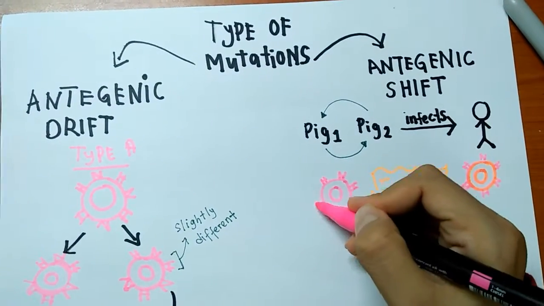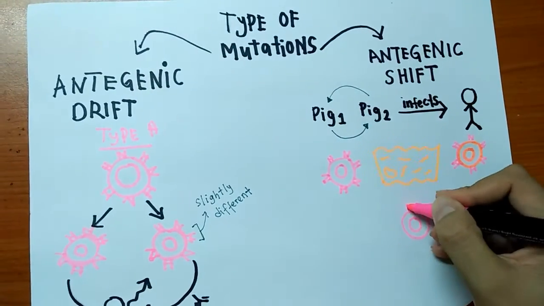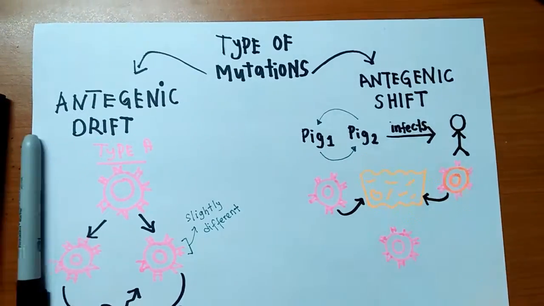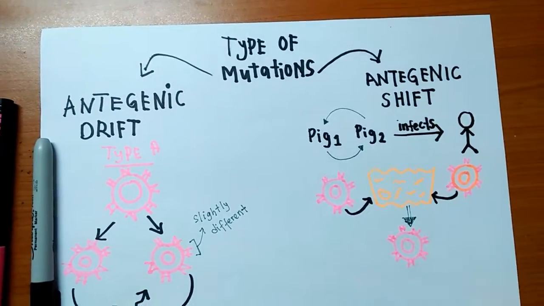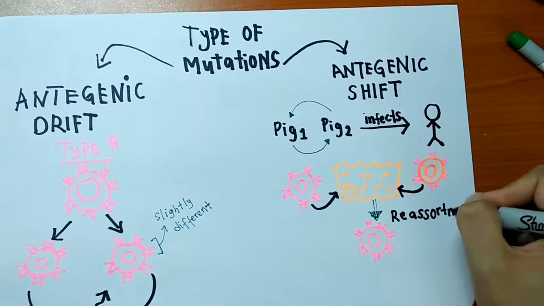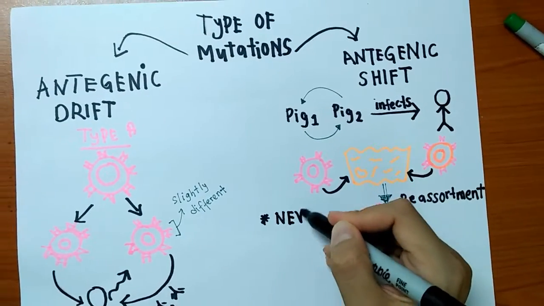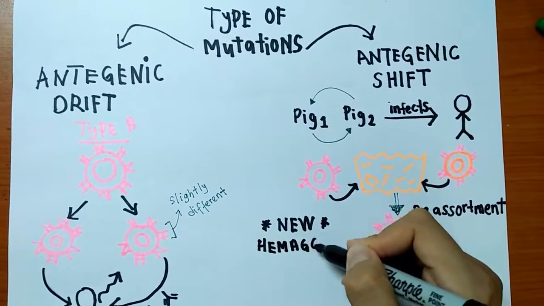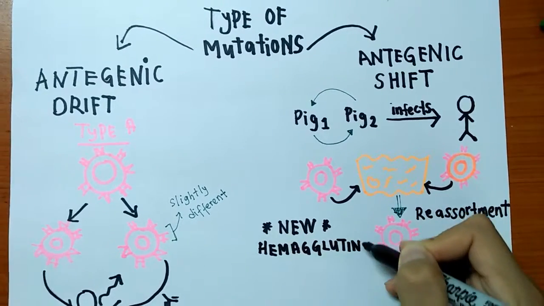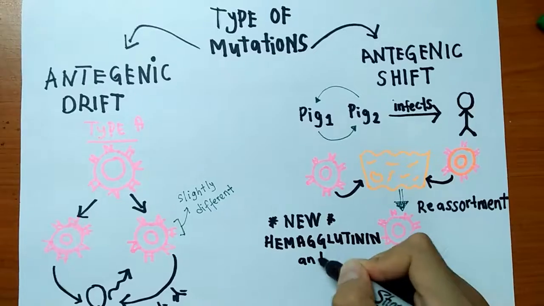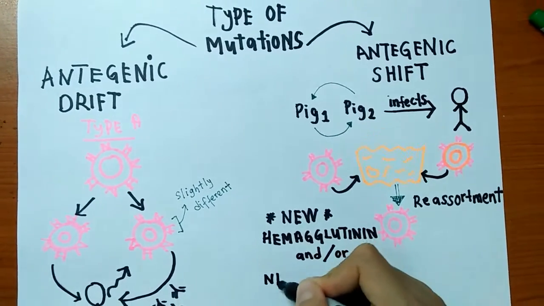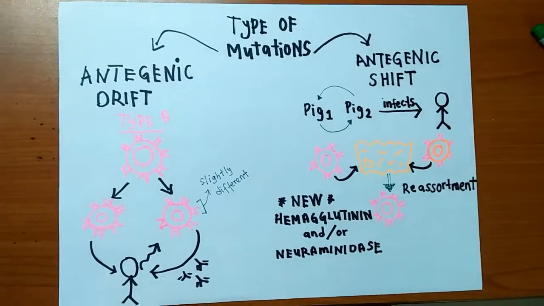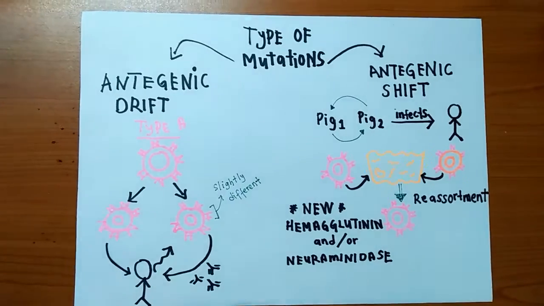Since the virus genome is in segments of RNA, the pieces might reassort or mix, allowing new viruses to have a mix of RNA segments. Reassortments result in viruses that have entirely new hemagglutinin, neuraminidase, or both. When a virus is produced that can infect human cells and has an entirely new protein, people have little or no protection against it, and it can rapidly spread through the population.